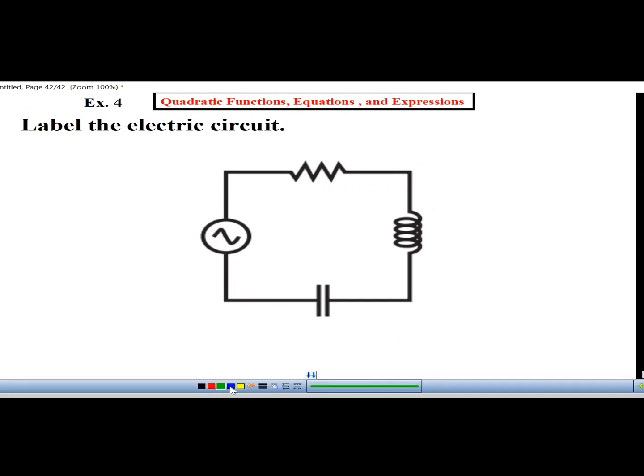So here we go. I'm going to start with this one right here on the right side. What is that called now that you have it on your table? Inductor? Inductor, that is correct. All right. How about this one up here, guys? What is that one called?